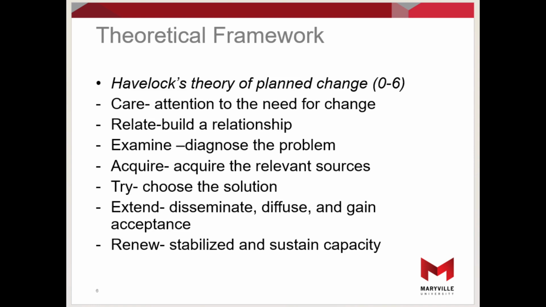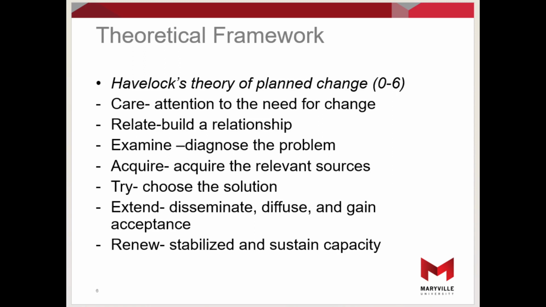So the theoretical framework that I looked at when I had this question was the Havelock theory framework. I was interested in it, and I thought that it resembled a lot of my thoughts, so it felt like I wasn't recreating the wheel here.